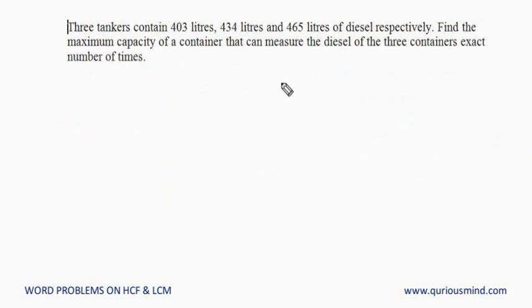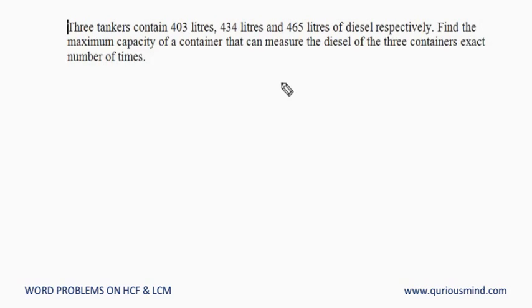Three tankers contain 403 liters, 434 liters and 465 liters of diesel respectively. Find the maximum capacity of a container that can measure the diesel of the 3 containers exact number of times.